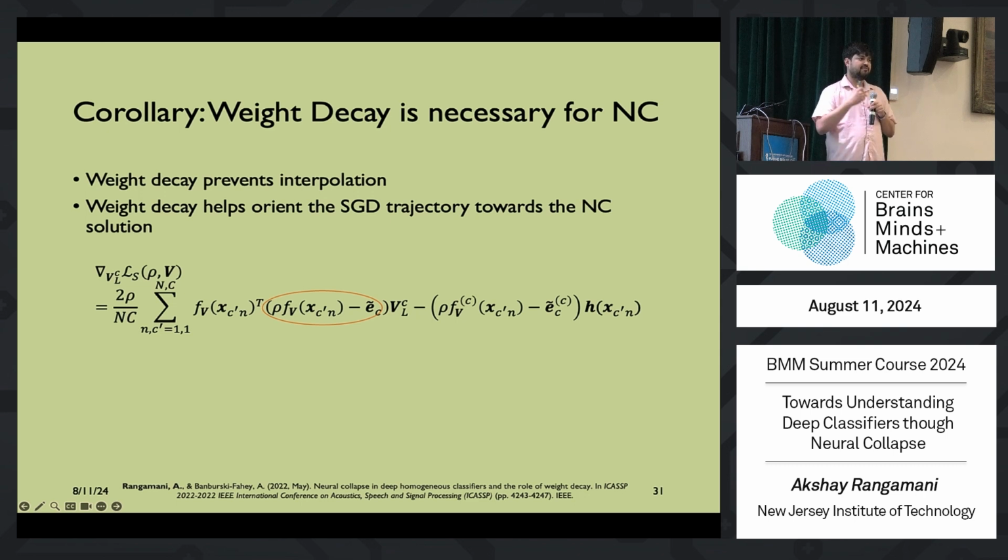If you have one class with much smaller amounts of data than the others, you'll see that the classifier vector essentially collapses onto one of the vectors for one of the other classes which has much more data. And if it's imbalanced, I haven't worked it out, but I would guess that the angles don't look exactly equiangular, but in proportion to the amounts of data that you have for each class. Okay.